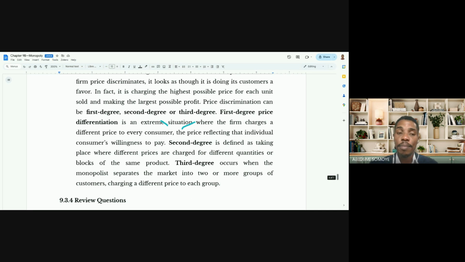So if you have more money, the firm is going to charge you more. Second degree is defined as taking place where different prices are charged for different quantities or blocks of the same product. And third degree occurs when the monopoly separates the market into two or more groups of customers, charging a different price to each group.